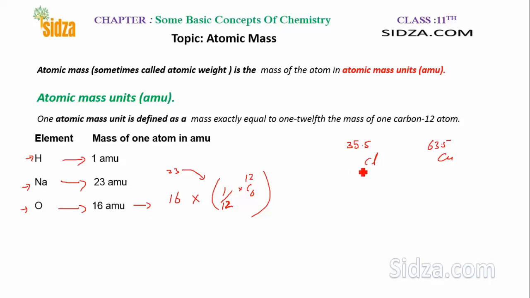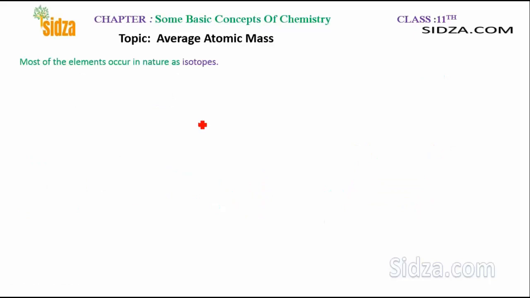The reason is that for these elements where you find the fractional atomic mass, basically we are taking their average atomic masses, right? Average atomic mass. Most of the elements occur in nature as isotopes.